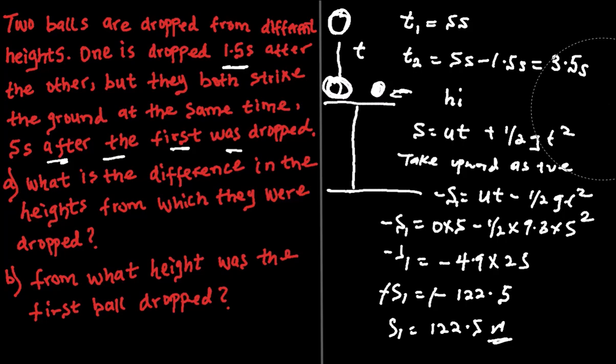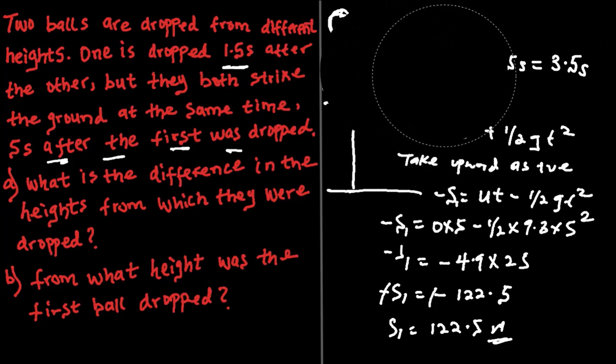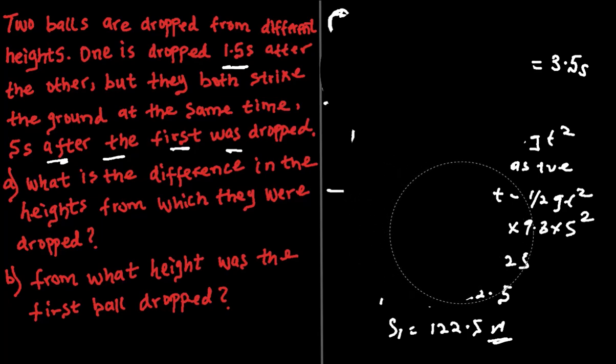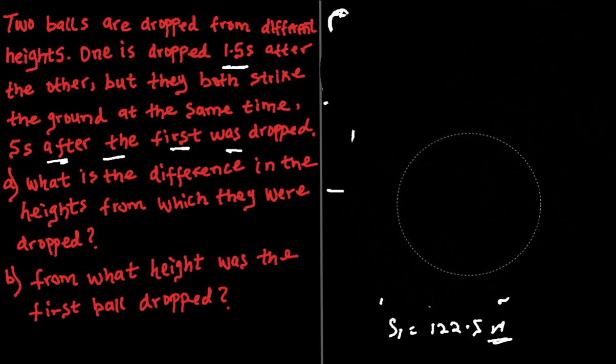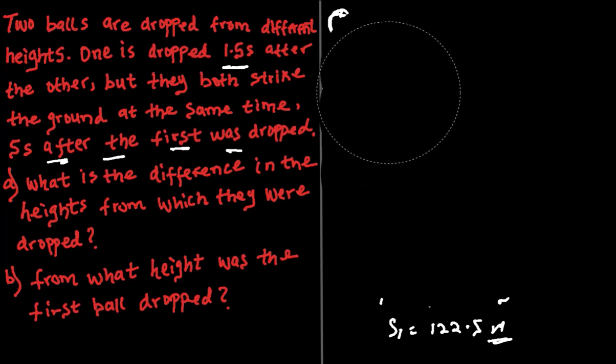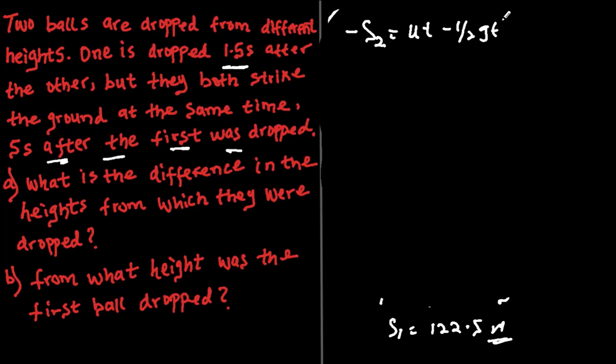Let me erase this part so that we can calculate the height of the second ball. The second ball was dropped 1.5 seconds later, and we established that it spent 3.5 seconds in the air. So let's call it s2. Negative s2 equals ut minus half gt squared, which is 0 times 3.5 minus half times 9.8 times 3.5 squared.